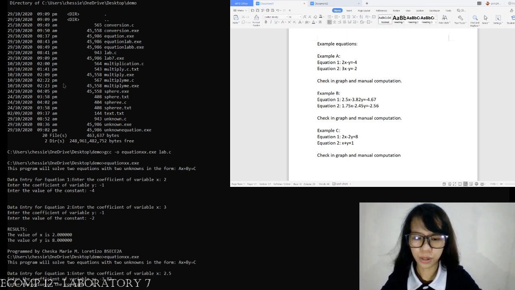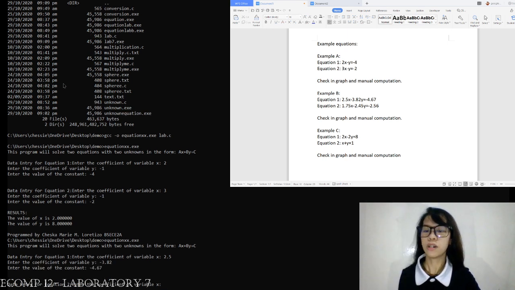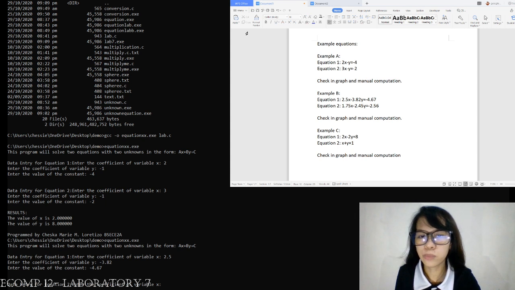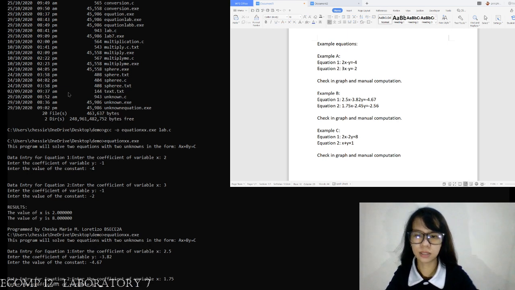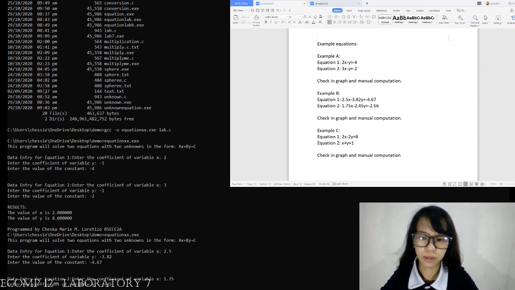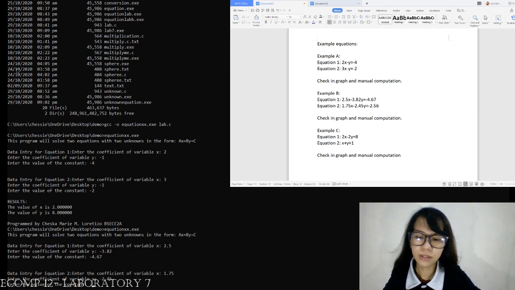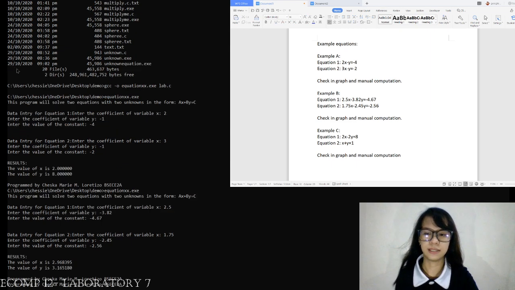Now, for equation number 2, 1.75 for x, negative 2.45 for y, and the constant is negative 2.56.